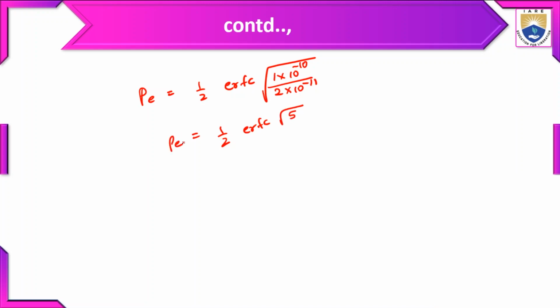This is the probability of error. Again you can use error complementary function tables to get the value, or we can leave it here also. No problem.